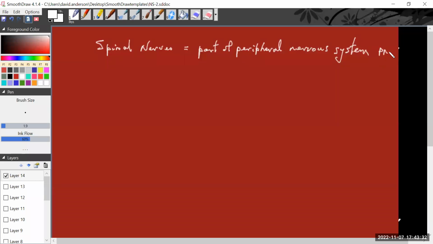That's our PNS. Now we have about 31 pairs of spinal nerves. And the spinal nerves are arranged much the same way as the muscle was.